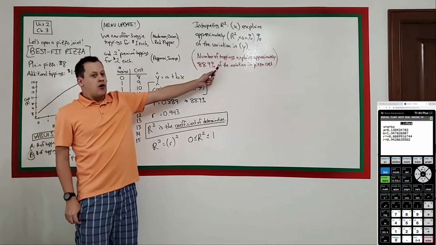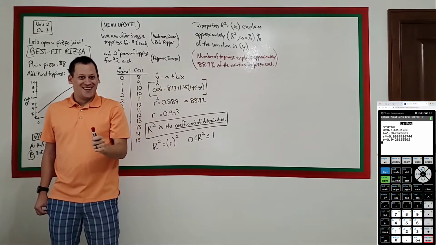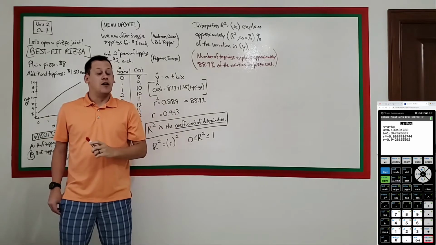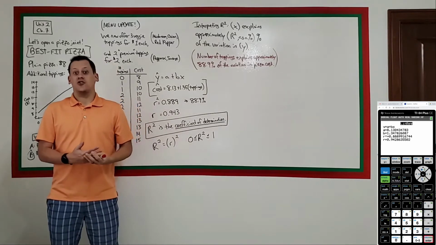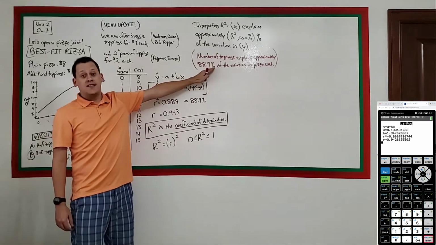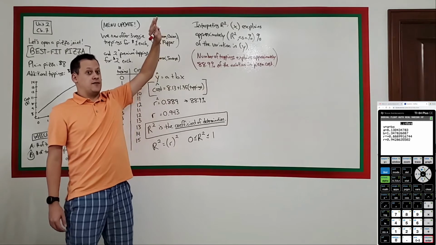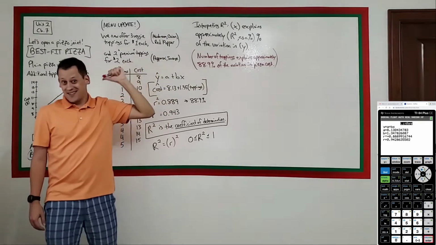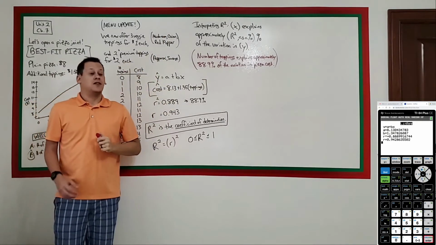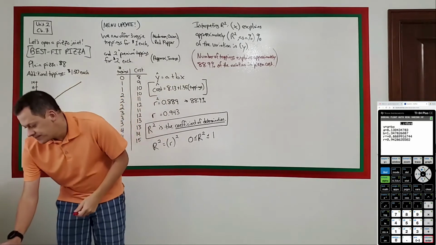Don't go interpreting R squared if you don't know if there's a linear relationship. You would need to look at that scatter plot or be told in the problem that the relationship is linear before you can make this statement. You're going to look really silly saying this if the relationship is curved or something, because R squared is meaningless. It's also a measure of variation explained in a linear relationship only.